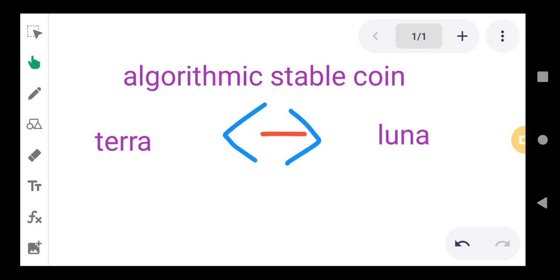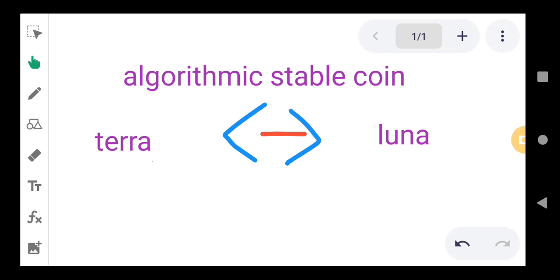But unfortunately, the arbitrage activity can sometimes turn into what they call a death spiral. A death spiral basically is when people lose faith, when people lose their trust in the cryptocurrencies. The death spiral happens like this. Let's say Terra is now trading at 95 cents.